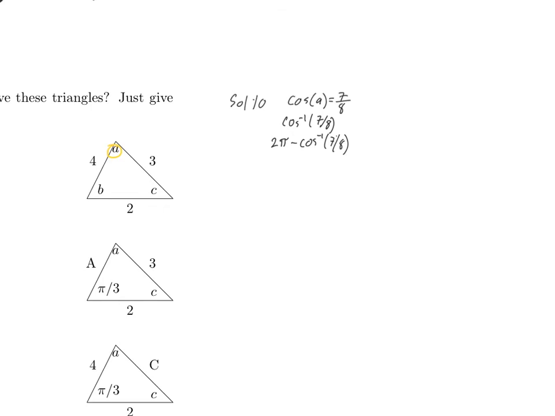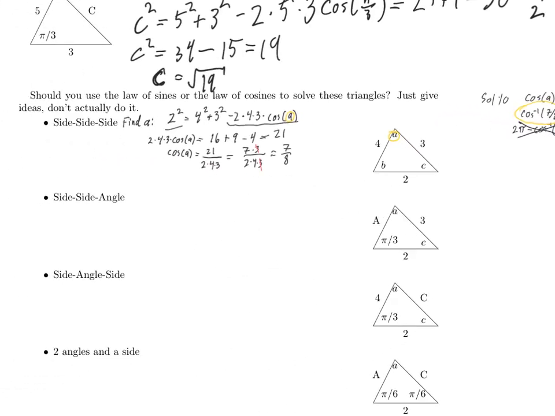Cosine inverse is an angle that is somewhere between 0 and pi. Those are the angles that you're allowed to see in a triangle. This quantity, on the other hand, is in the interval pi to 2 pi. That's not allowed. And in fact, none of the other solutions are. None of the other solutions will be between 0 and pi. So this is the only solution to that equation, so I know what A is.